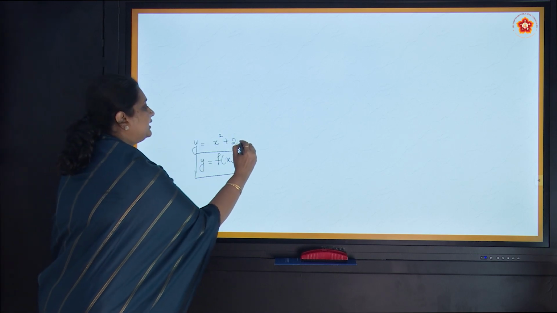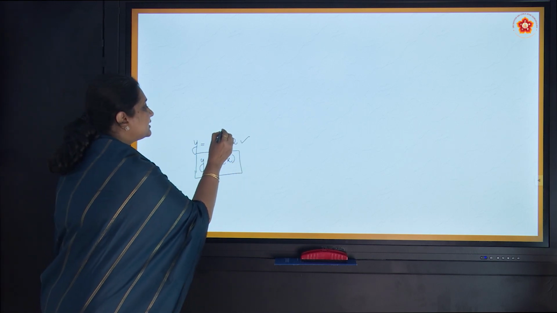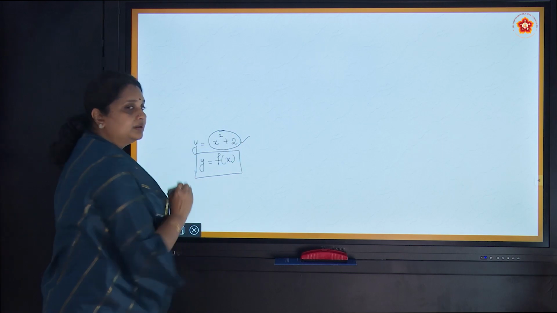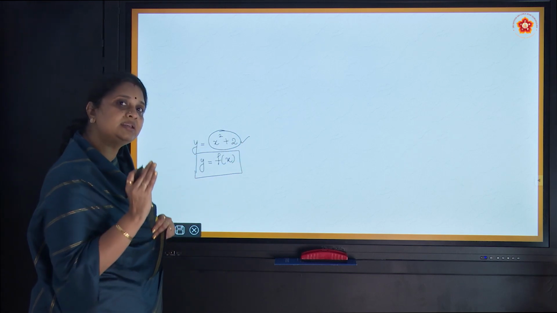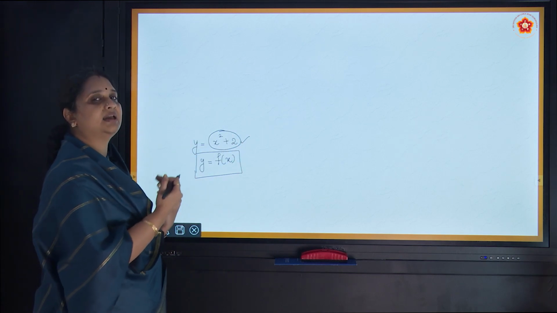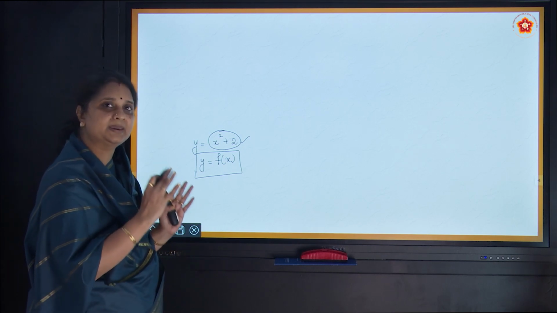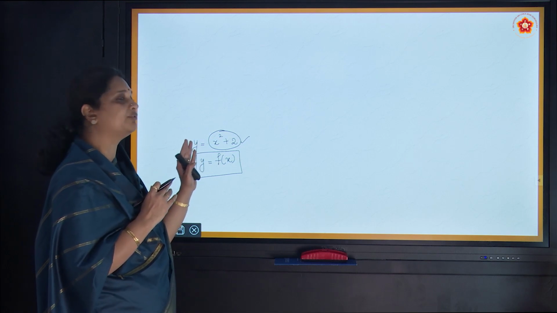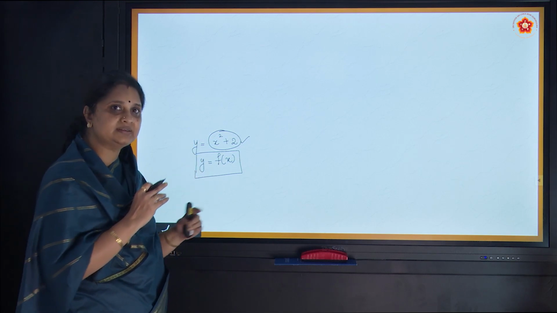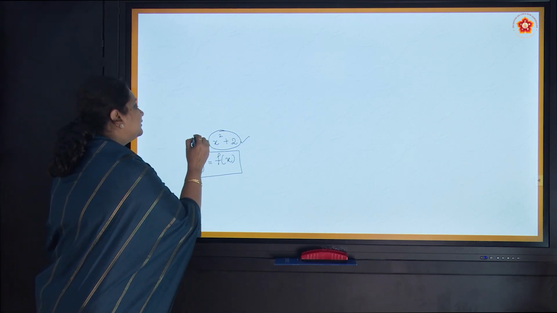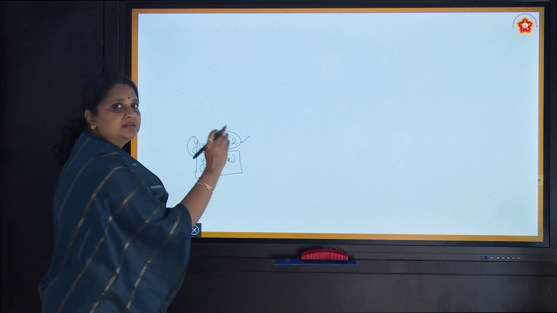From this, it is very clear that x is an independent variable where you can decide the values that x can take. So the domain of this function is basically determined by the values of x. x is an independent variable and the values of y are dependent on x.